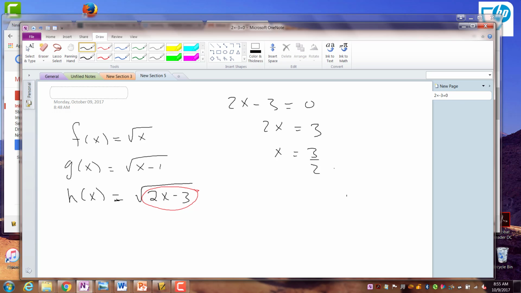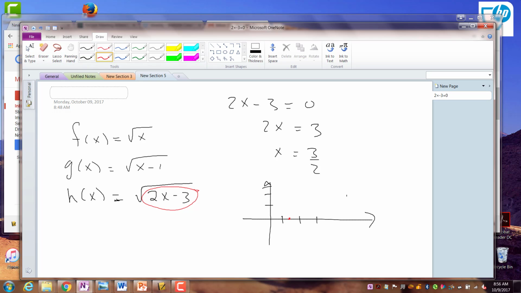That means that when I set this right here equal to 0, that is where the vertex is of this square root function. So there is 1, there's 2, there's 3, so 1, 3 halves, about right there.